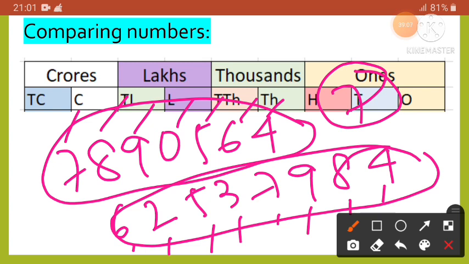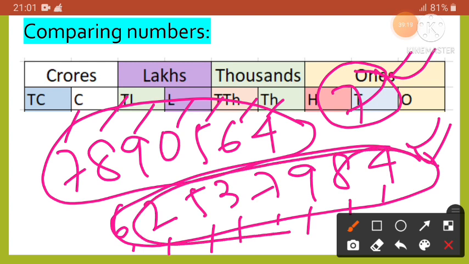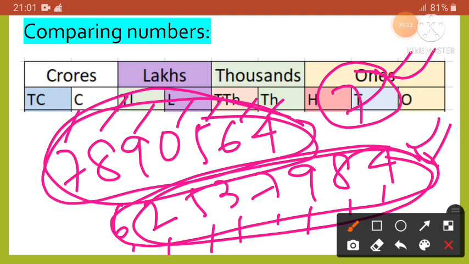So at first we have to count the number of digits. The 8-digit number will obviously be greater than the 7-digit number, so you can find the lesser one and the greater one.